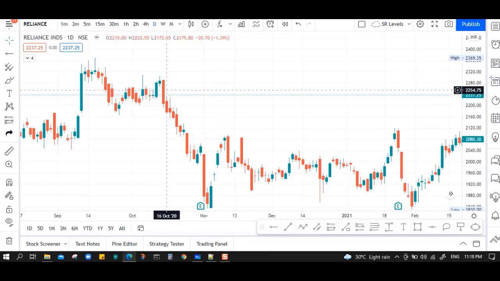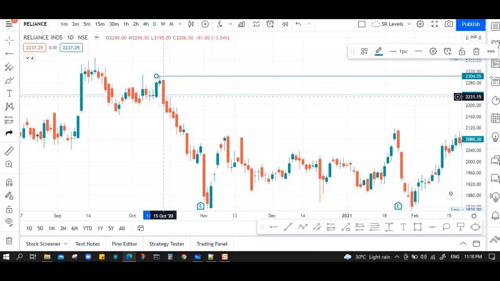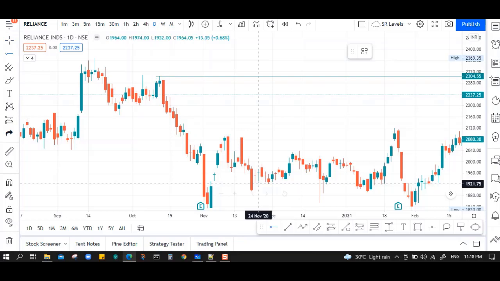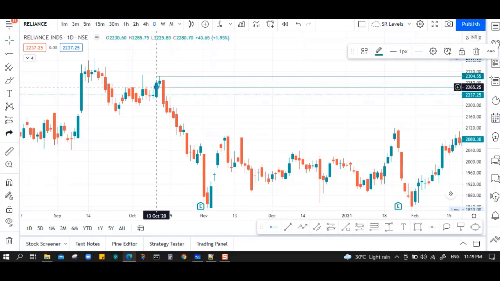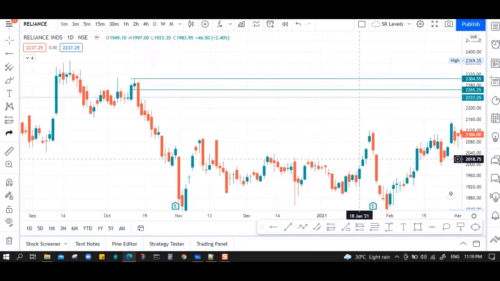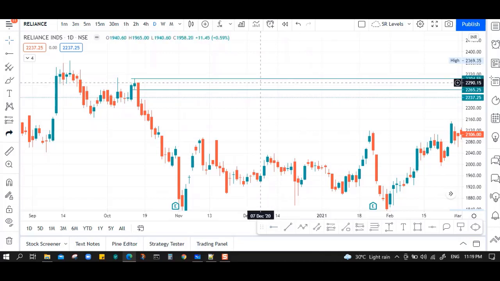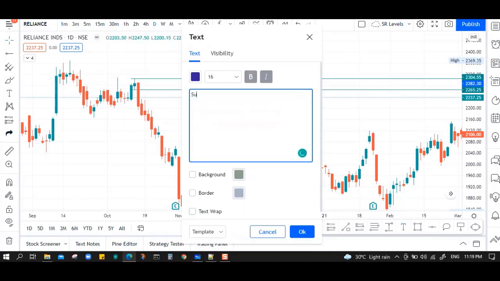So from here we are seeing a big move, right? So this will be my distal line and this will be my proximal line. So now I am able to draw the supply zone.